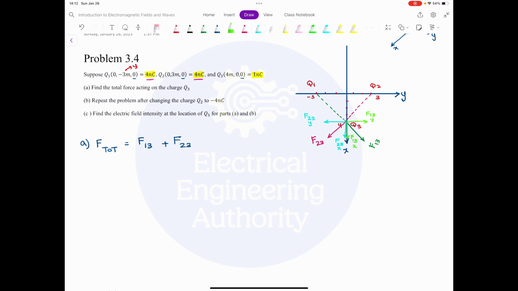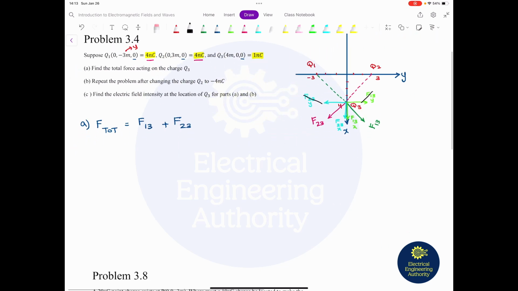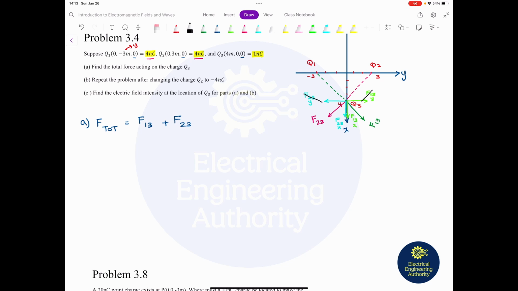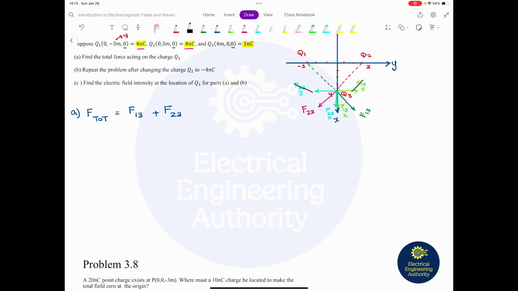Now, you can see that F13 in the y direction and F23 in the y direction are in two different directions, so they will cancel each other out because they have the same value. This gives you a hint that your F total for Q3 should only have the X component, because the force exerting on Q3 is only available in the X direction. But let's see if that is true. So let's go over finding F13 and F23 separately, and then see if Y will be gone.